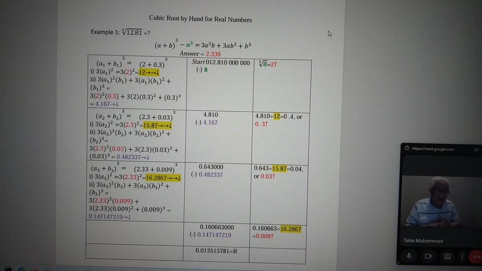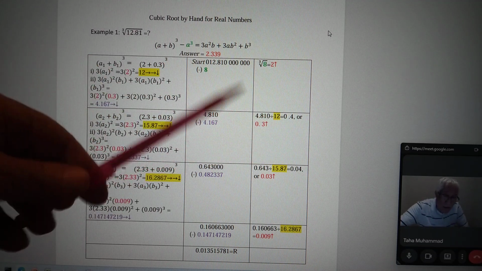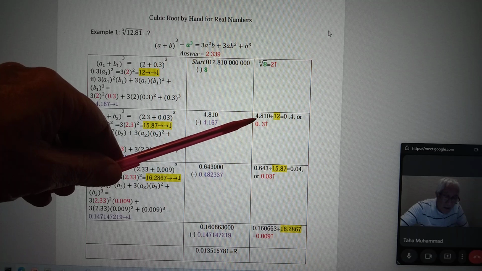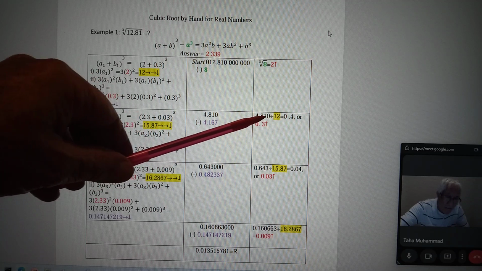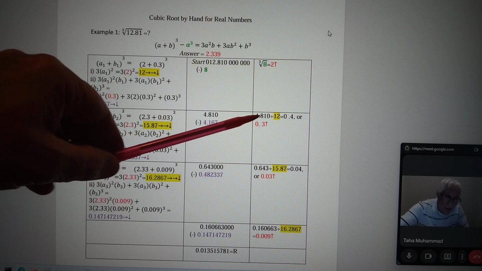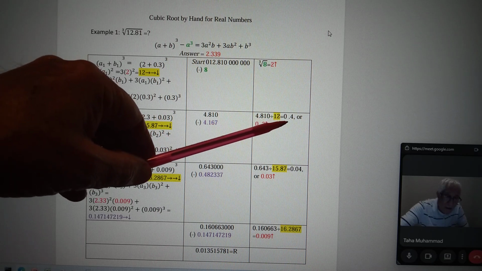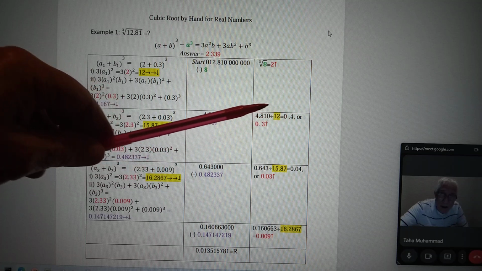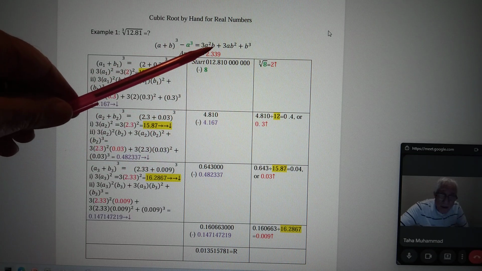This will give you what? Of course, 4 divided by 12 will be 0. You do this division by calculator or by computer, and it will give you 0.4. I will put 0.4 here, the b value.